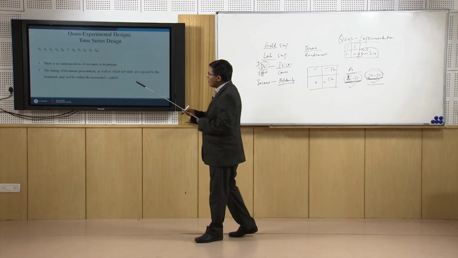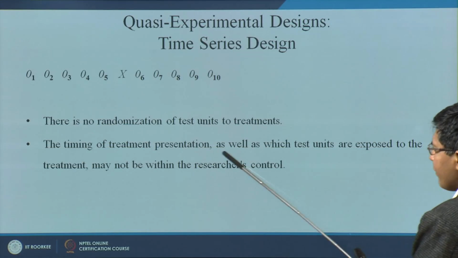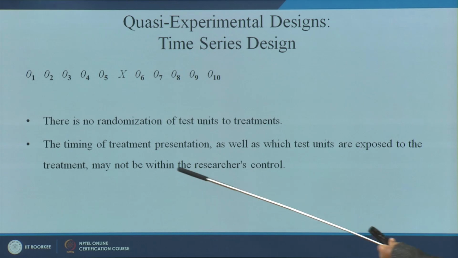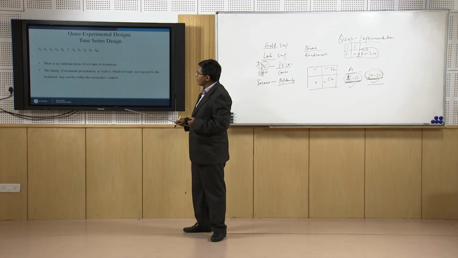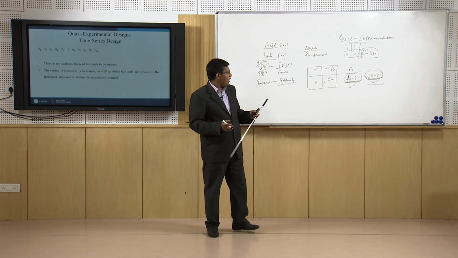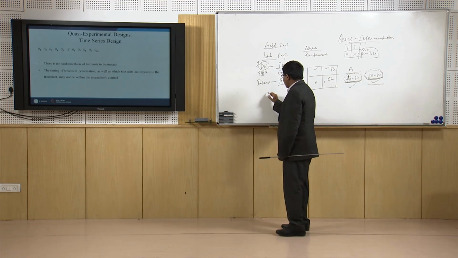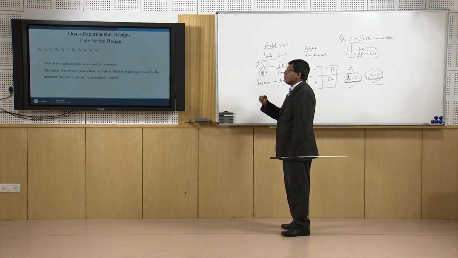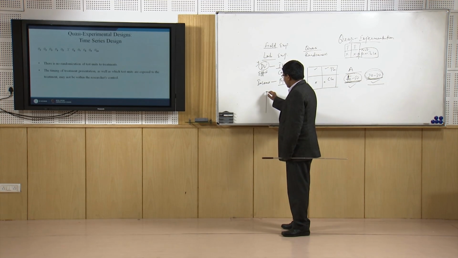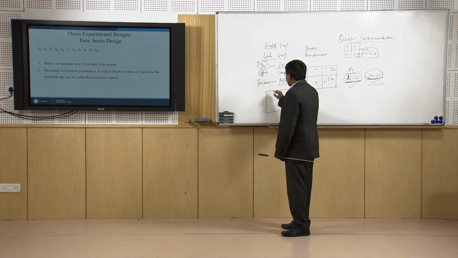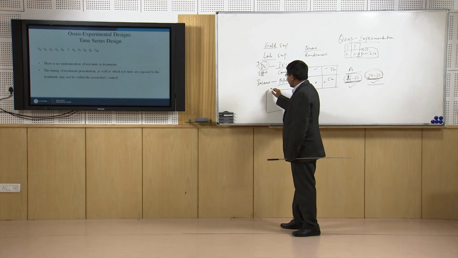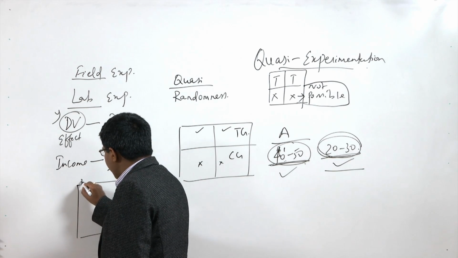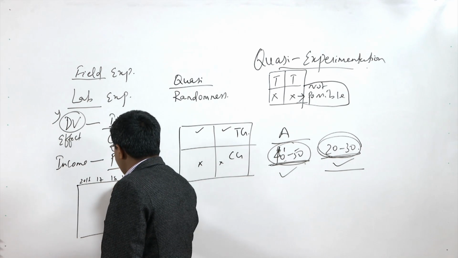So, the timing of the treatment presentation, as well as which test units are exposed to the treatment, may not be within the researcher's control. Why am I talking about time series designs? In a typical time series design, the income of people, for example, is measured year wise, for 16, 17, 18, 19, 20.